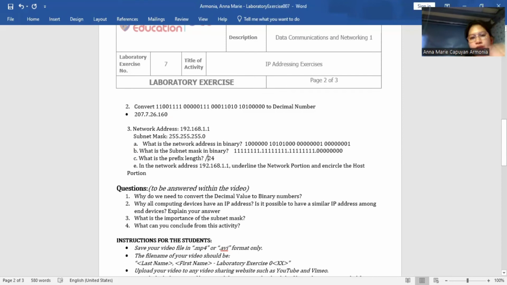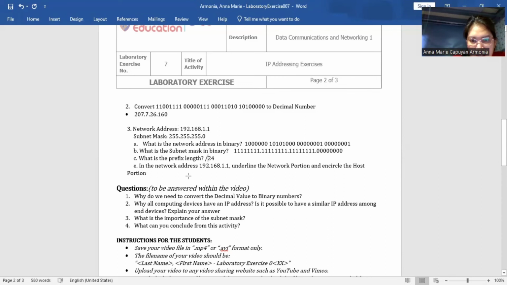Then in the network address, I need to underline the network portion and circle the host portion. Can I annotate? Yeah, annotate. So the host would be in this network.